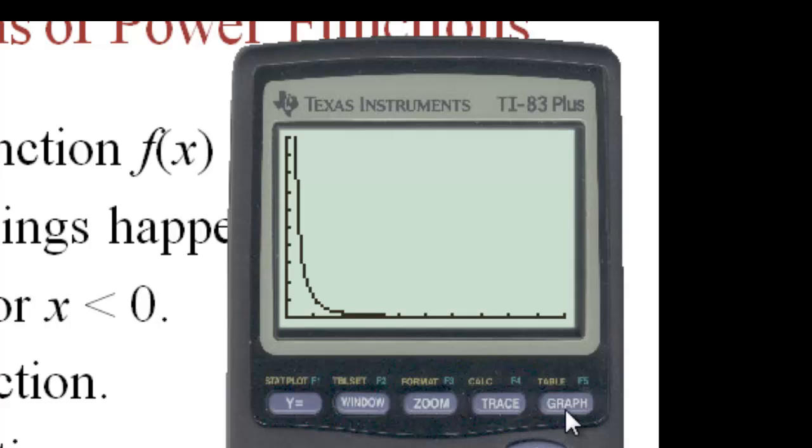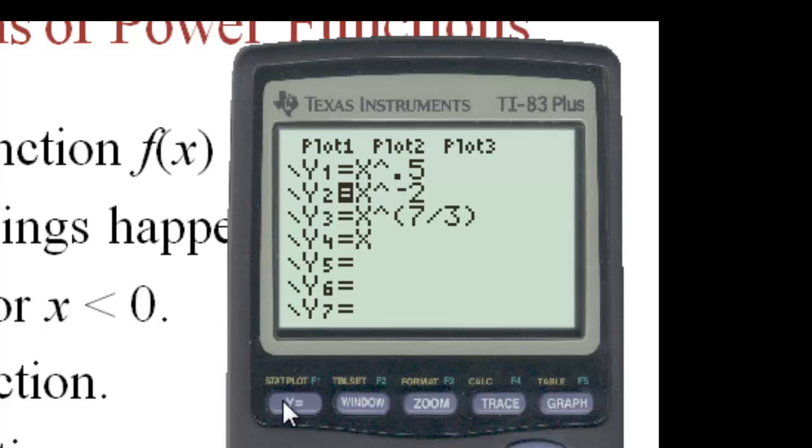Both the x-axis and the y-axis are asymptotes. And what function was that? That was x to the -2.